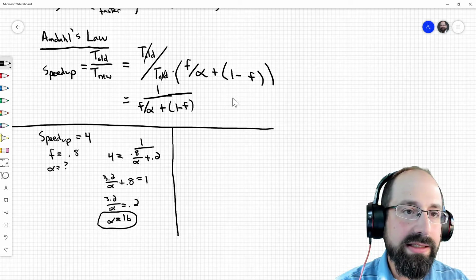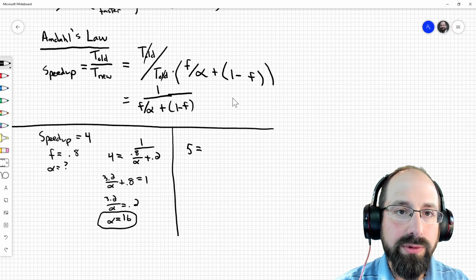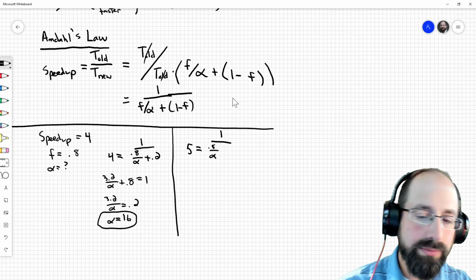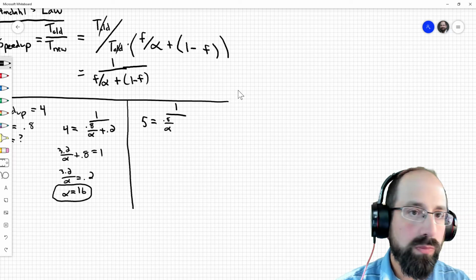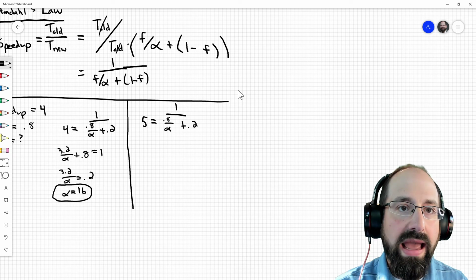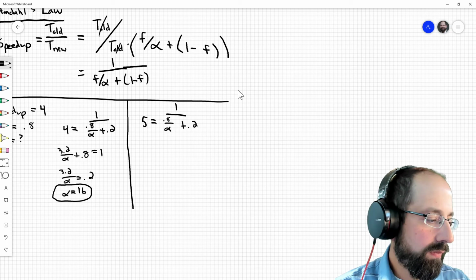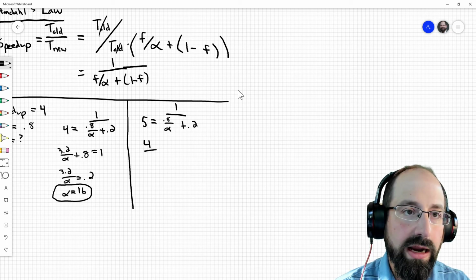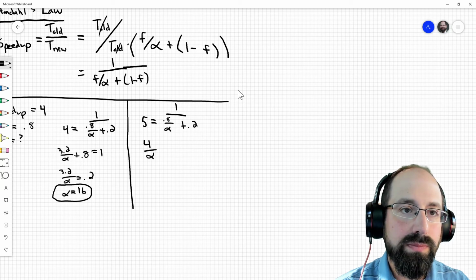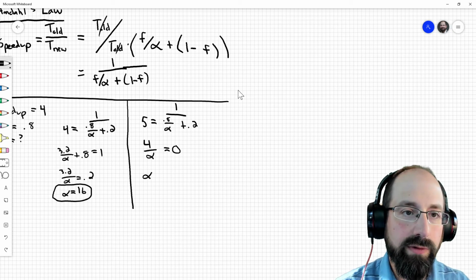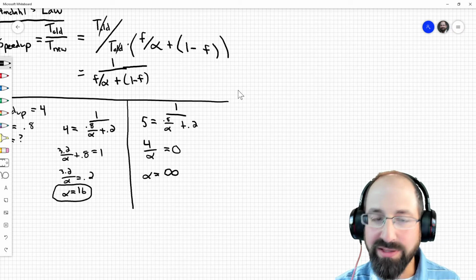Now it's 5 equals 1 over 0.8 over alpha plus 0.2. If we do the math there, now we're left with 4 over alpha equals 0. So alpha equals, this is going to look a little awkward, but alpha would then equal infinity in that case.